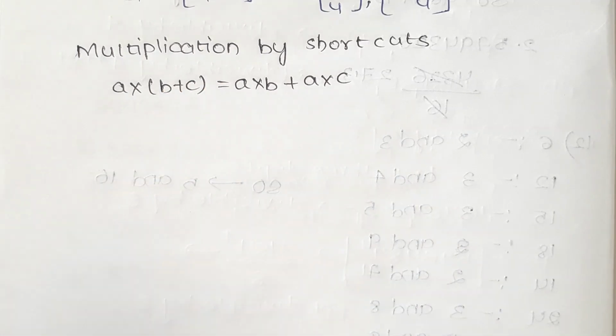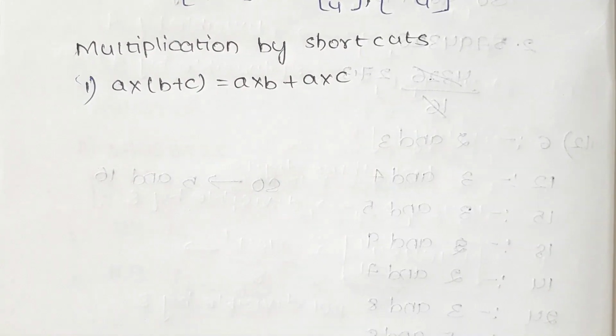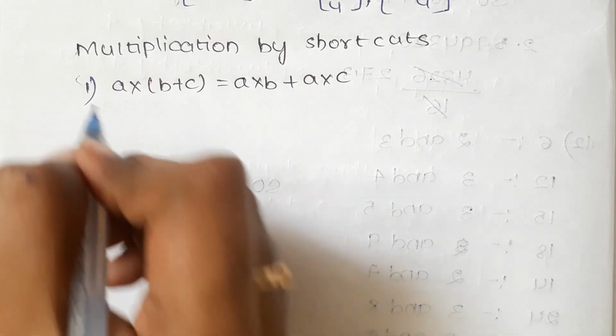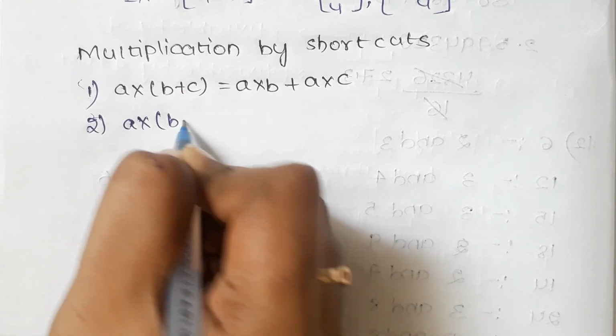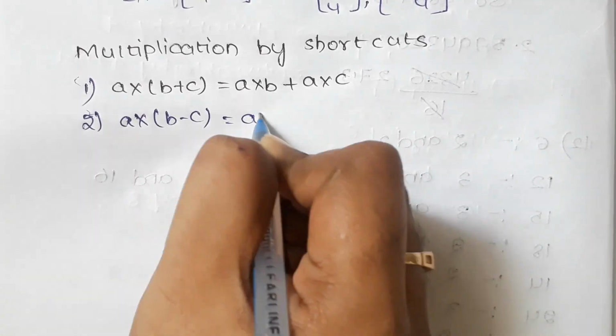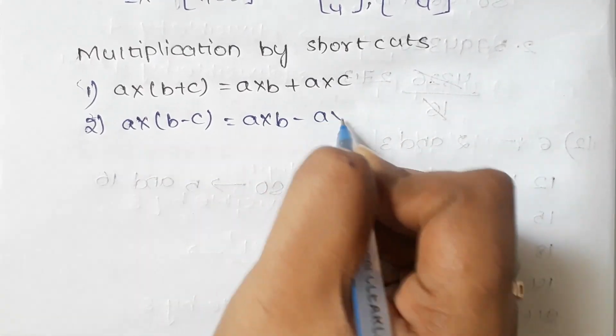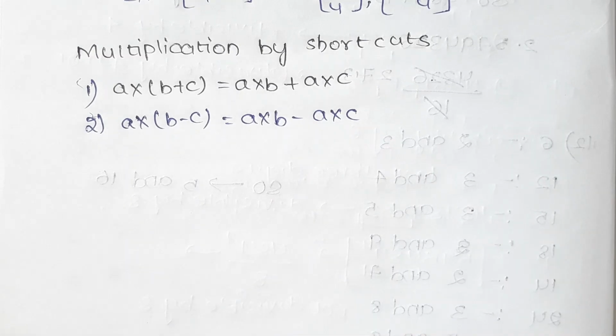It is one of the multiplications. And the next one is a into b minus c, which is nothing but a into b minus a into c.